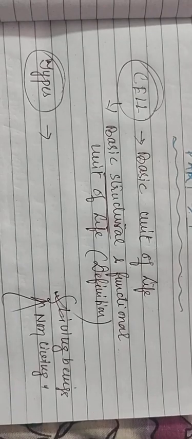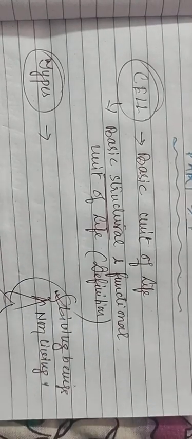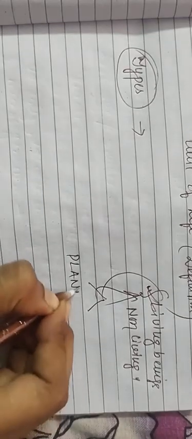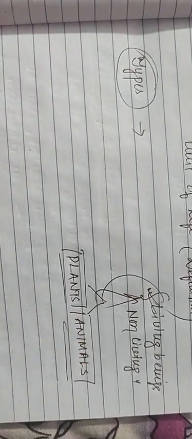Non-living things don't contain any cell. One pen doesn't have any cell, one duster doesn't have any cell, but a plant body has cells, and an animal body has cells. In our environment there are two types of living beings, plants and animals.